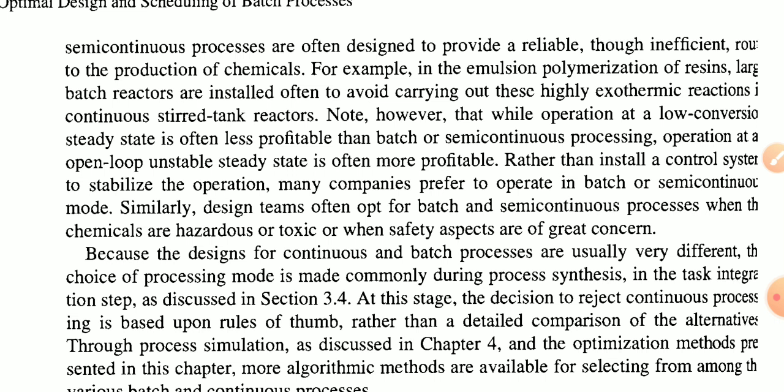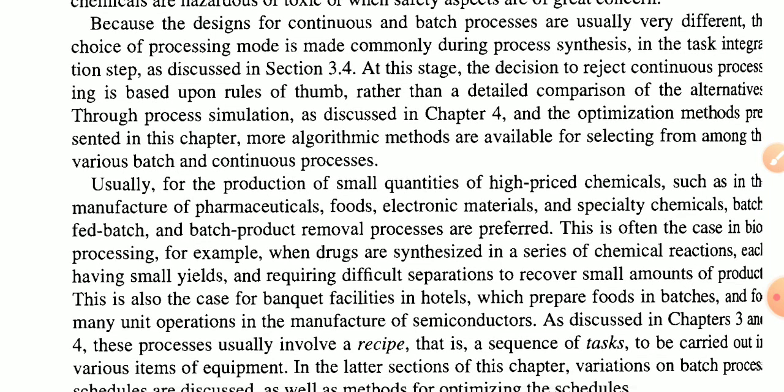In the task integration step, as I discussed in Section 3.4, these stages involve a decision to reject continuous processes based upon rules of thumb rather than detailed comparisons of the alternative investments, and through process simulation, as discussed in this chapter, for optimization methods, some processes prefer batch and continuous processes, usually for small production quantities of high-priced chemicals.